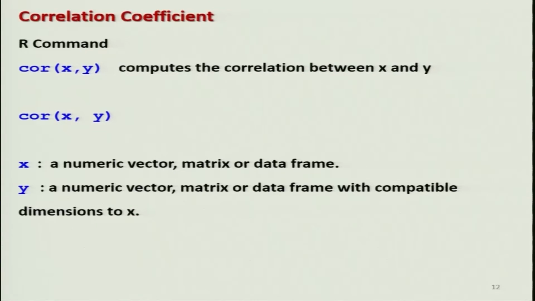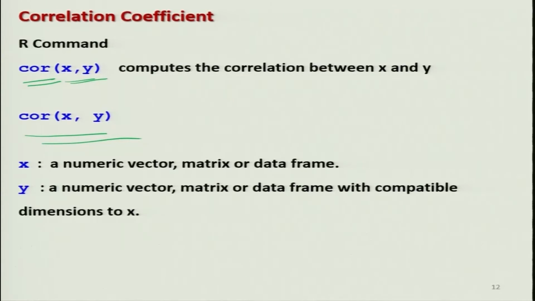Now, if you want to compute this quantity in the R software, the command is COR, and inside the parentheses you write the data vectors x and y. They indicate the paired observations in which the x and y observations are stored in two different data vectors, and COR(x, y) will give you the value of the correlation coefficient.